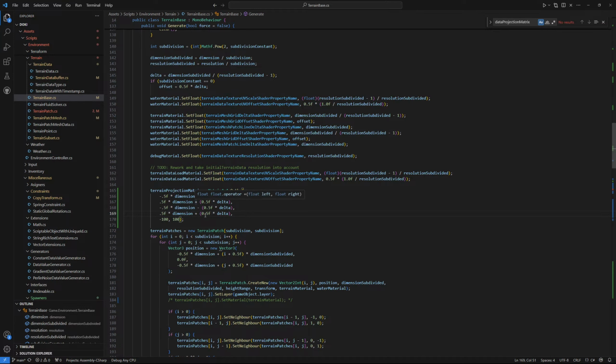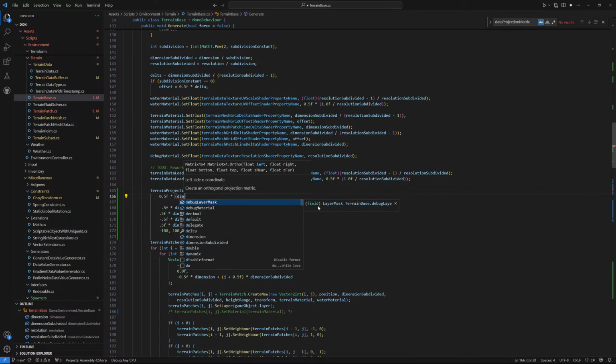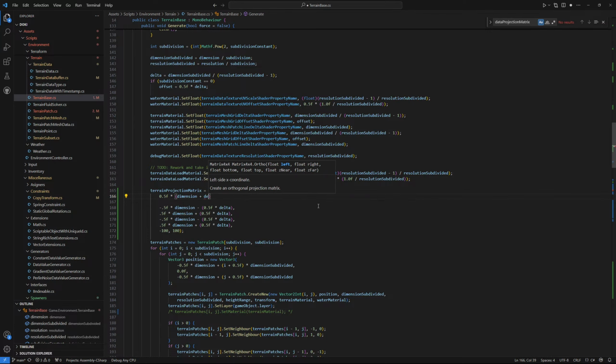And then down here, I think we can change this one to minus. Let's see, what do we have? Minus, minus, plus, plus, minus, minus, plus, plus. Couldn't we change this one to 0.5f times dimension plus delta? Right.